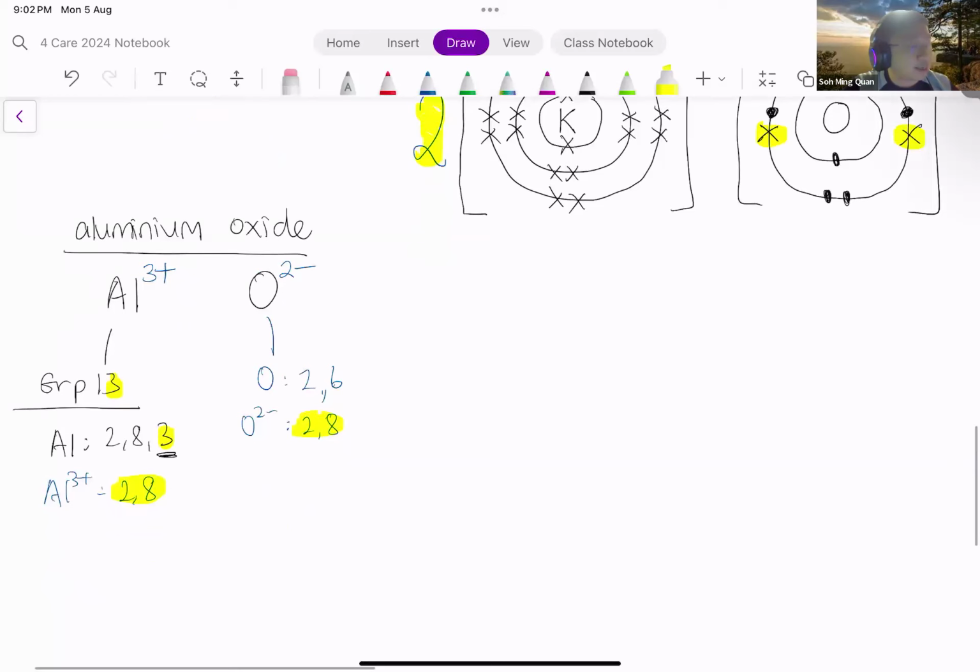Besides that, you realize that the charges are 3 plus and 2 minus. So how do you balance the charges to write the correct formula? The idea is to work out the lowest common multiple of 3 and 2, which is 6, meaning the 3 plus needs to go to 6 plus. How do you go to 6 from 3? If you have 2 aluminium, it will have 2 times 3 plus, which is 6 plus.